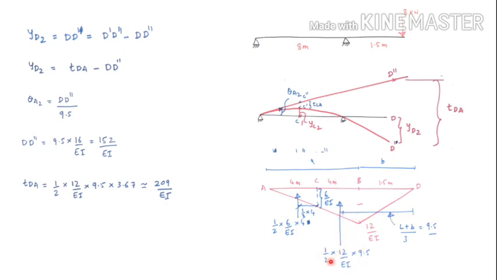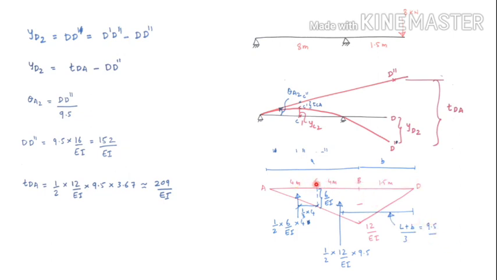So first we will see what is the total load: half into 12 by EI into this length 9.5, into the perpendicular distance with respect to D, because we have to find the moment with respect to D. So the perpendicular distance with respect to D is L plus B divided by 3. Sorry, here it is not visible.